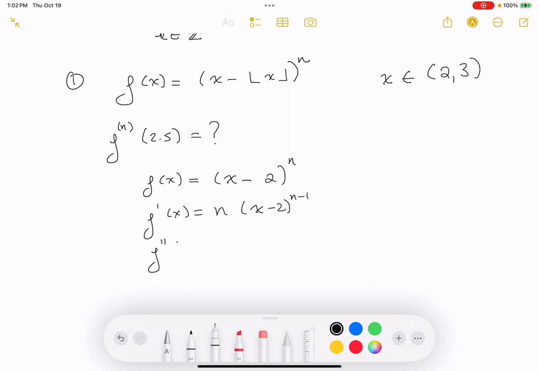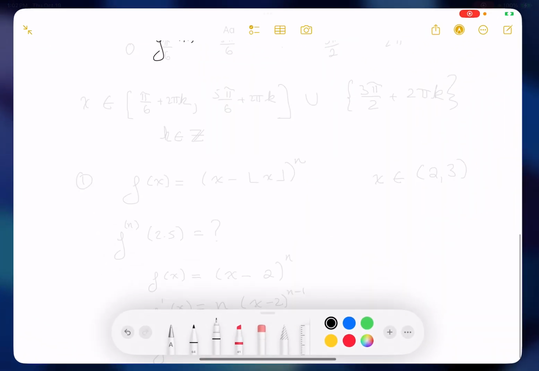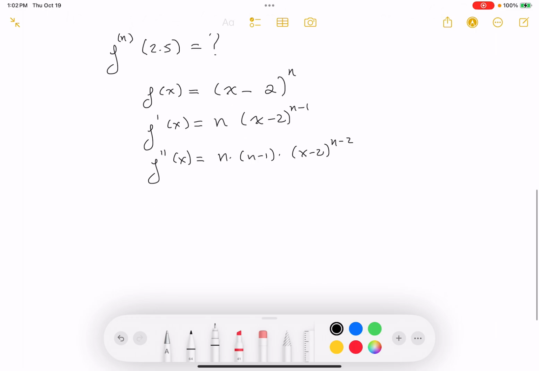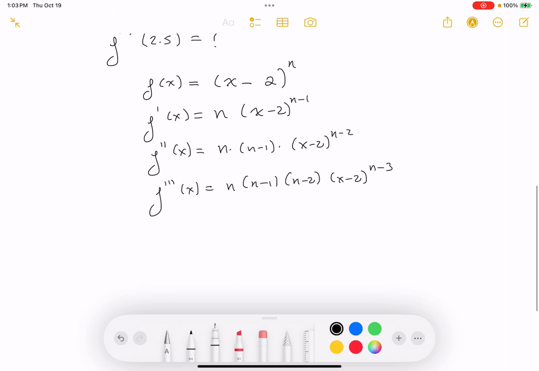The second derivative is going to be n times (n minus 1) times (x minus 2) to the n minus 2. Let's keep moving. Let's do the triple prime. That's going to be n times (n minus 1) times (n minus 2), and then (x minus 2) to the n minus 3.